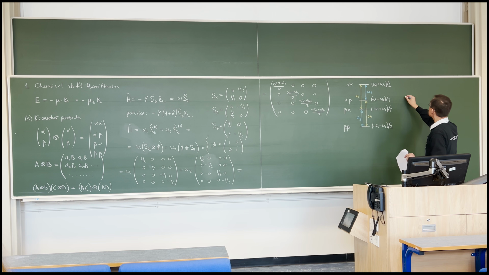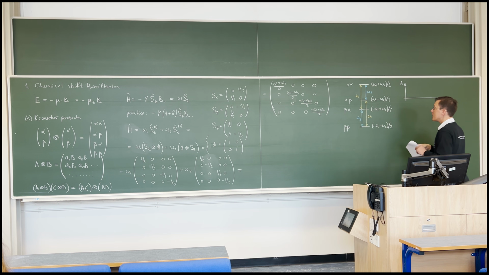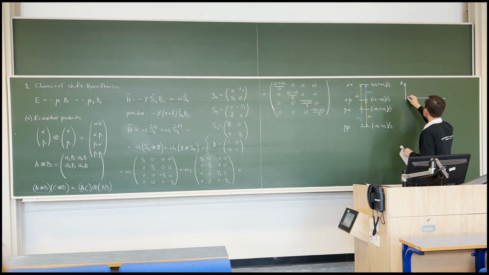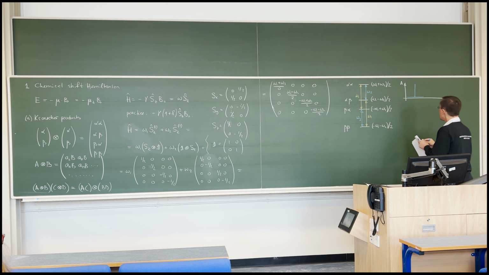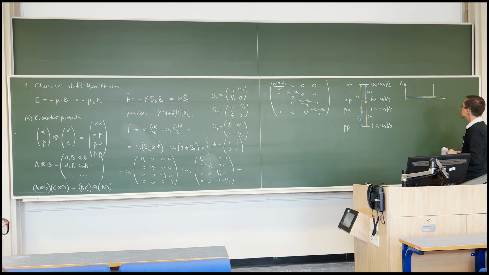And if we draw our transitions, so that is the absorption amplitude of the electromagnetic radiation, we will have our blue transition somewhere here as a function of omega, and our yellow transition somewhere here. And they overlap, right? There are 2 transitions with exactly the same energy, so they will be exactly on top of one another.